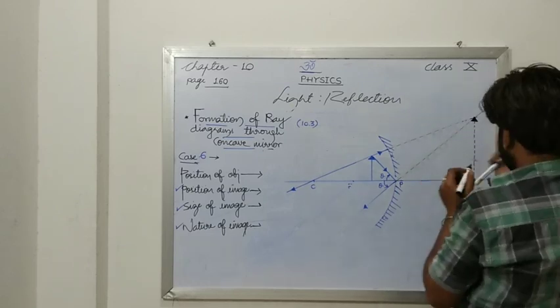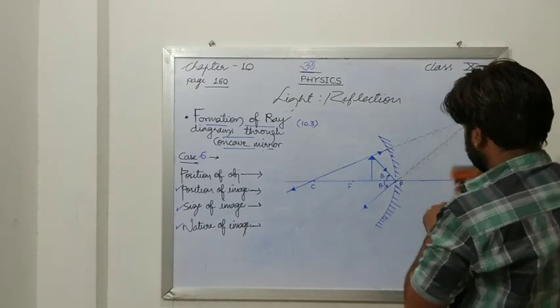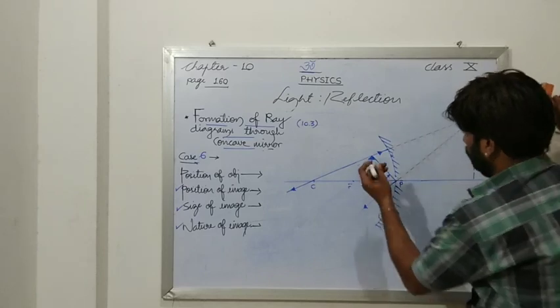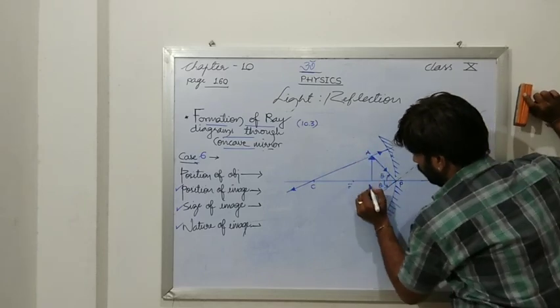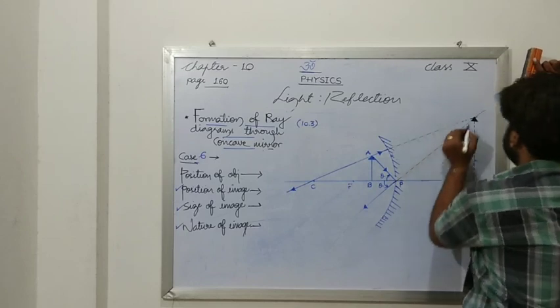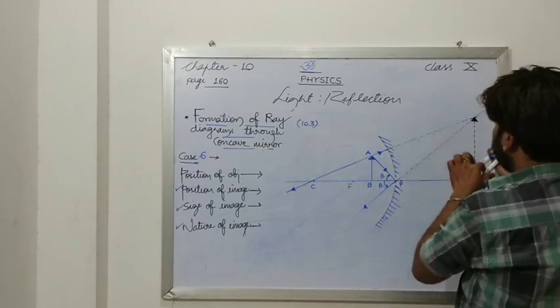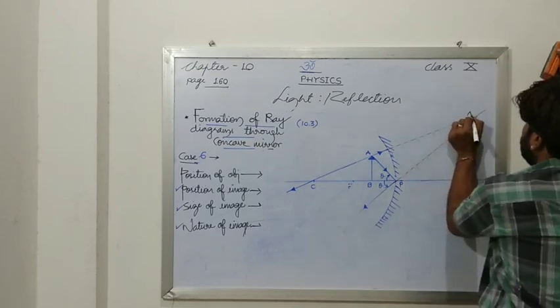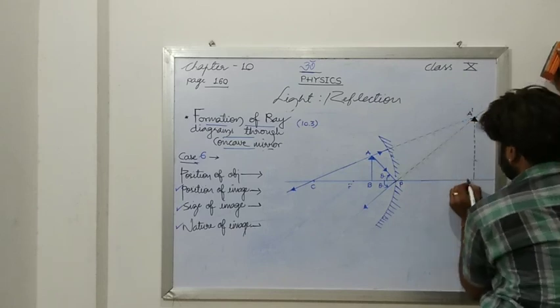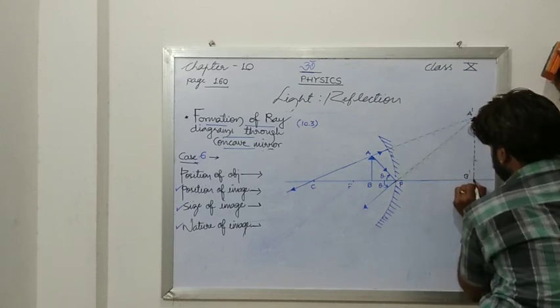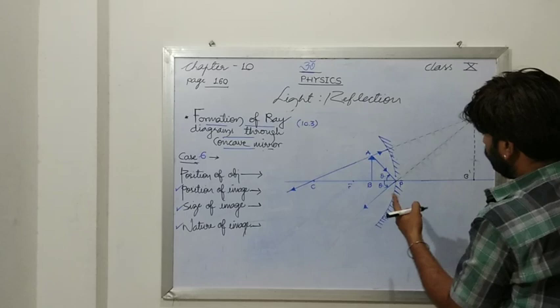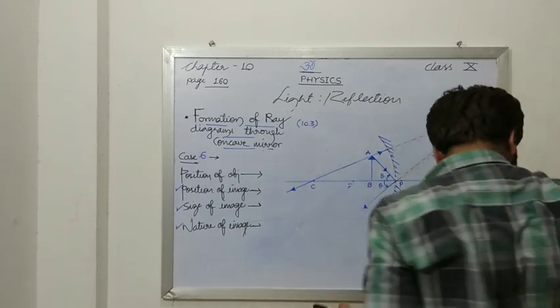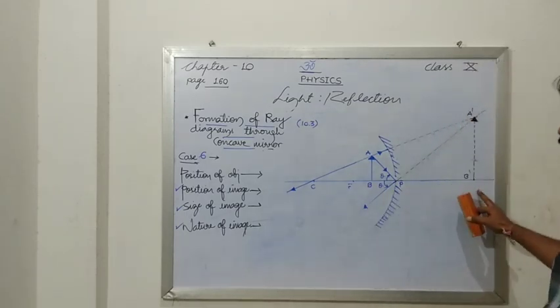Now this is the only case in which we have the position of the object here and the position of the image behind the mirror, upright. So this is A dash and this is B dash. We should not bother about the exact position of this because it is just behind the mirror.